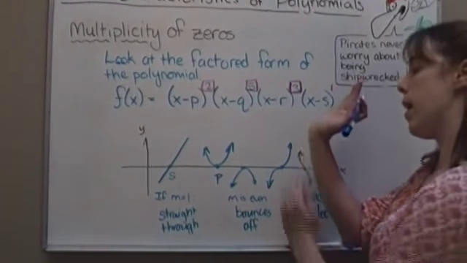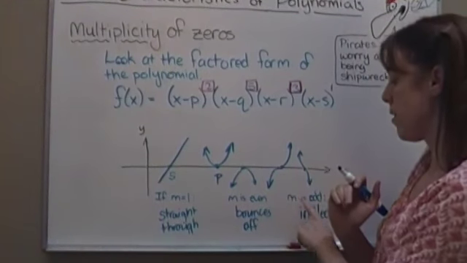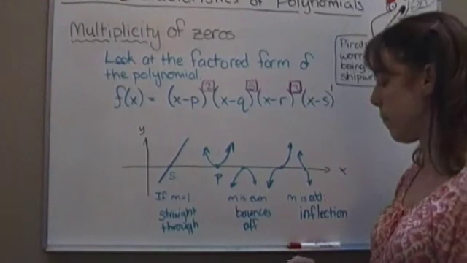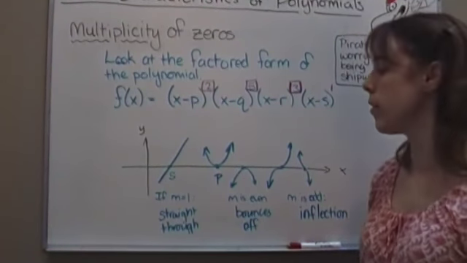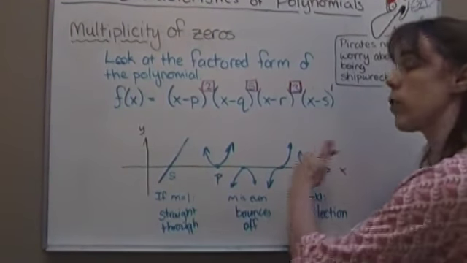So it's opening up, then it's opening down. There's a point where it goes from one to the other. That's a point of inflection. So we can just say there's some inflection there. That becomes super important in calculus. Right now, not a huge deal. Just think straight through, bouncing off, or it has a curve as it goes through.